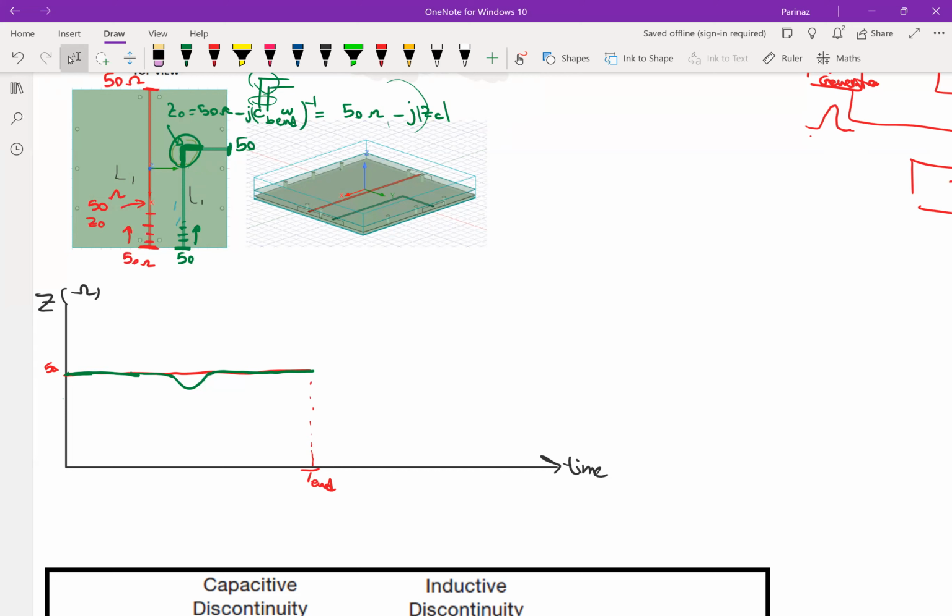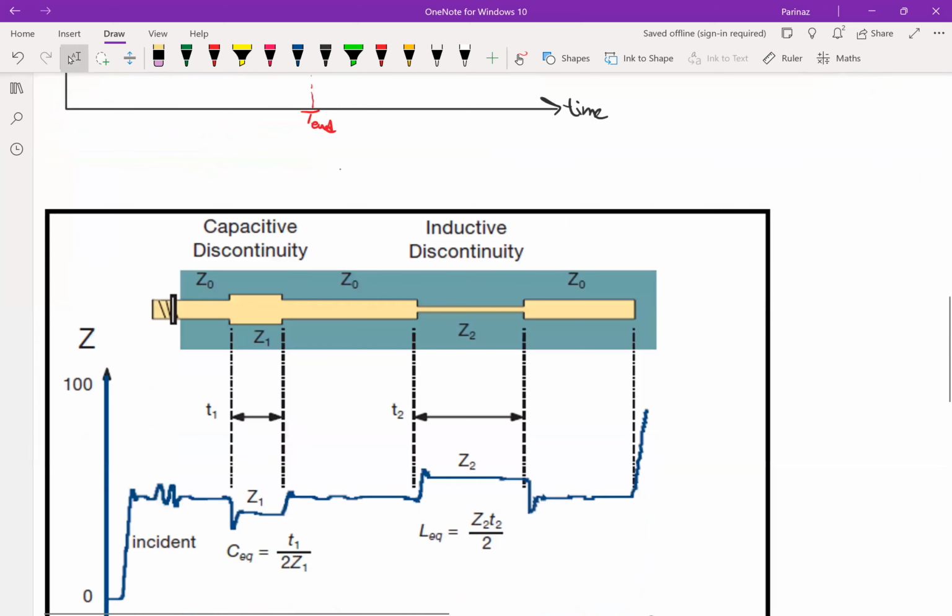So when you're routing all of these traces that come out of your IC and all the components that you have, you have to be careful that even a slight bend can cause some discontinuity in the impedance, and the impedance of the line is no longer 50 ohm. So it's going to introduce some reflections back to the signal.